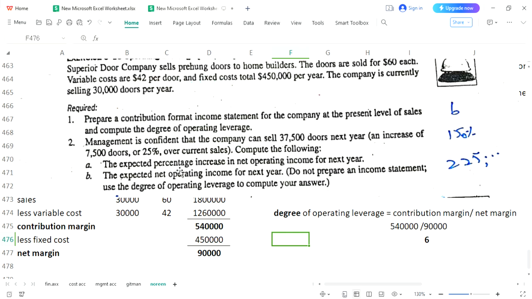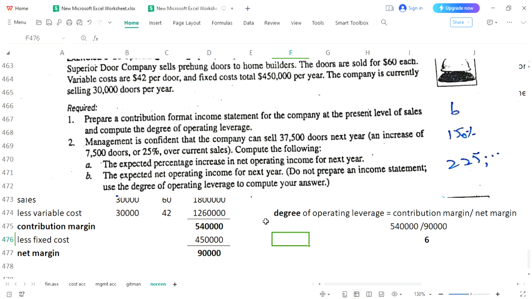Now what he wants us to calculate is the expected percentage increase in net operating income. There are two ways to calculate. We can make a new income statement, as we were making in previous questions, where we created the old income statement and beside it we created the new income statement.